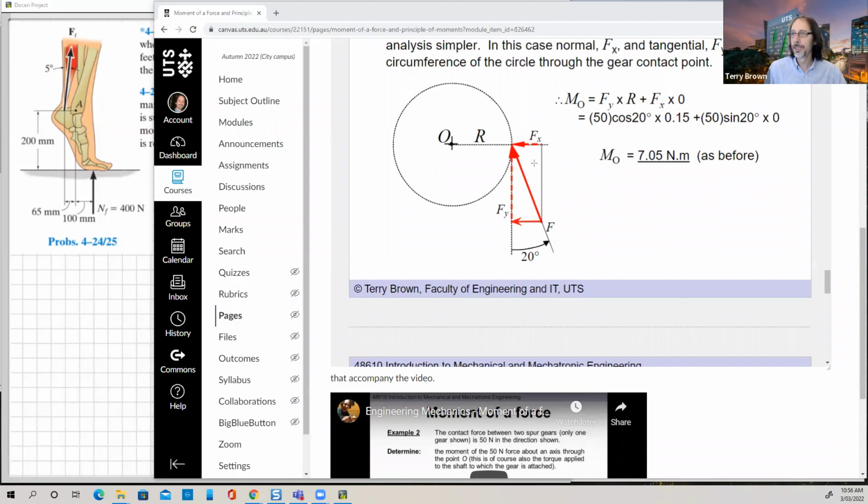Similarly, if instead of drawing your component over here, you draw your component like this, it looks like this component is now offset further than R from point O. So that's why I say draw your components like this, so you maintain the line of action of the force.